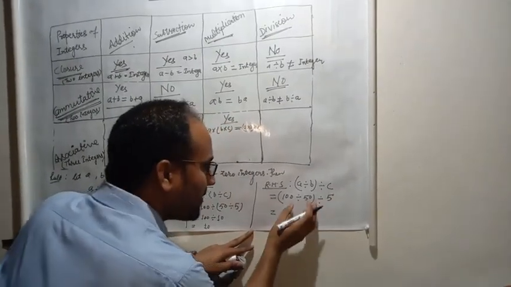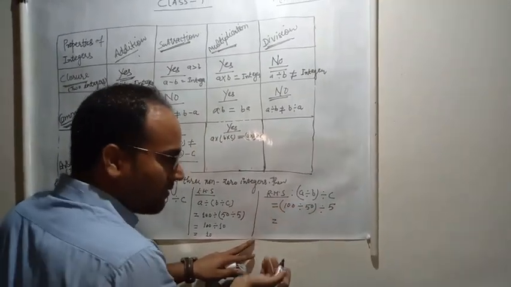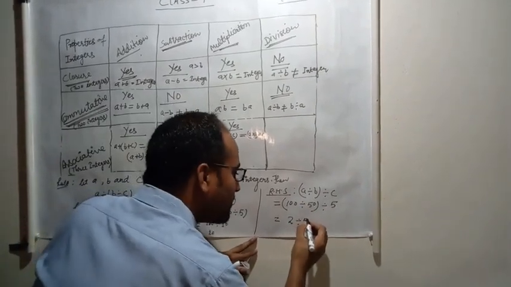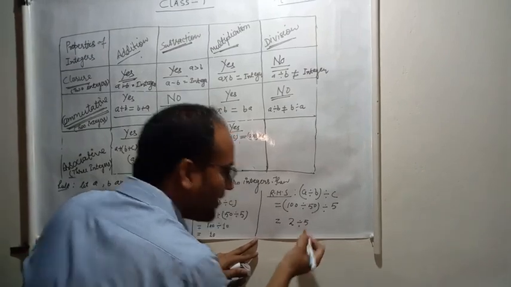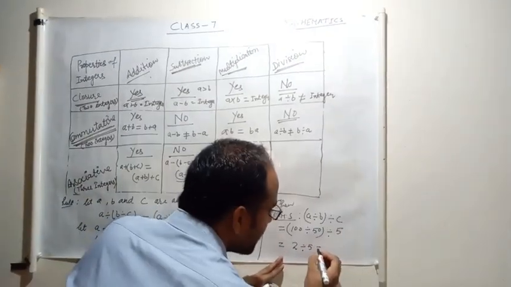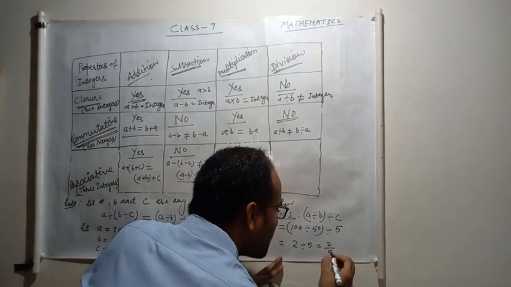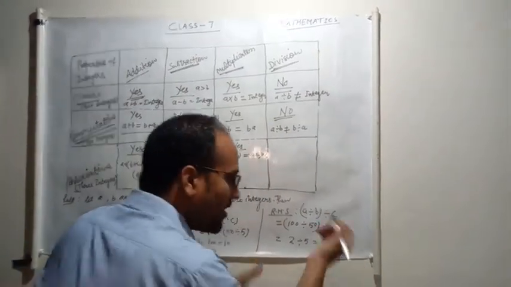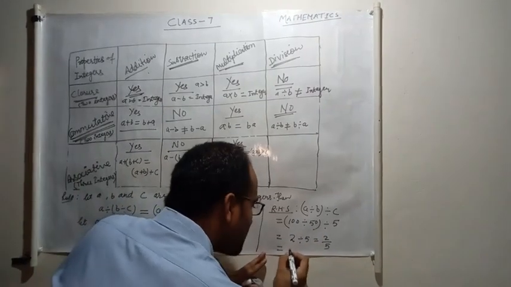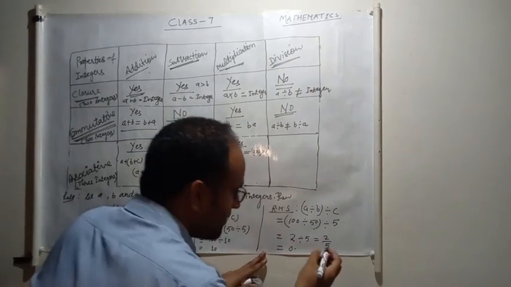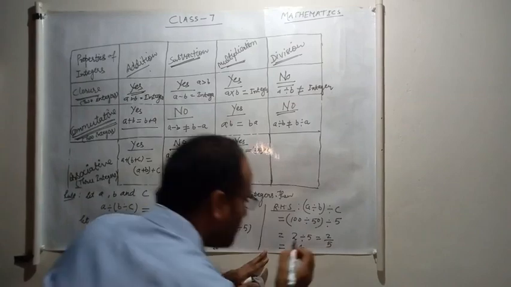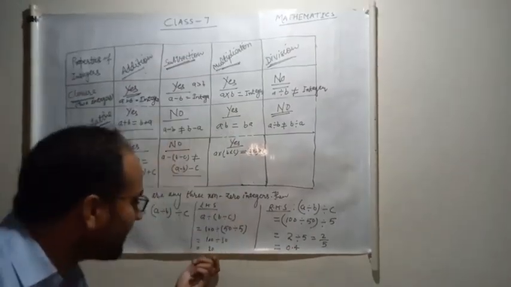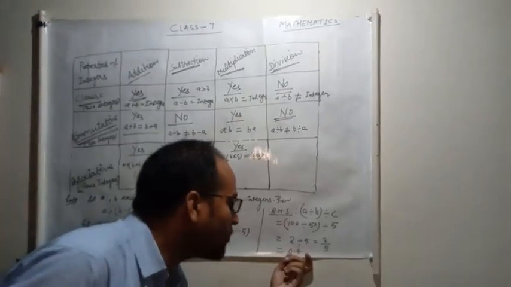So 100 divided by 50 is very easy, you get 2. Then 2 divided by 5 is not going to divide evenly, you will get a decimal. So you get 2 upon 5. Division changing to multiplication, 5 comes to the downside. 2 upon 5, or you write 0.4 in decimal. So 10 is not equal to 0.4.